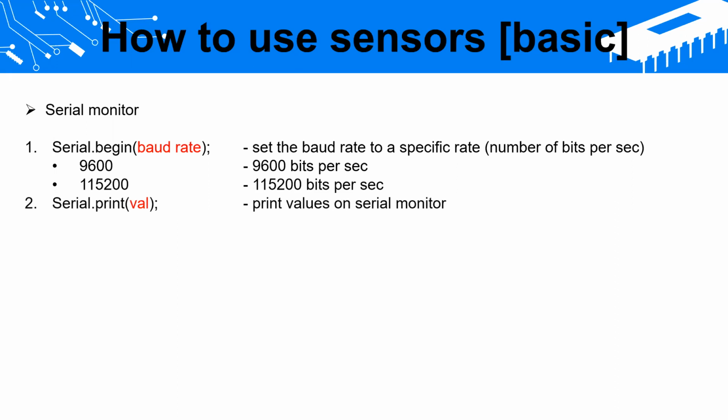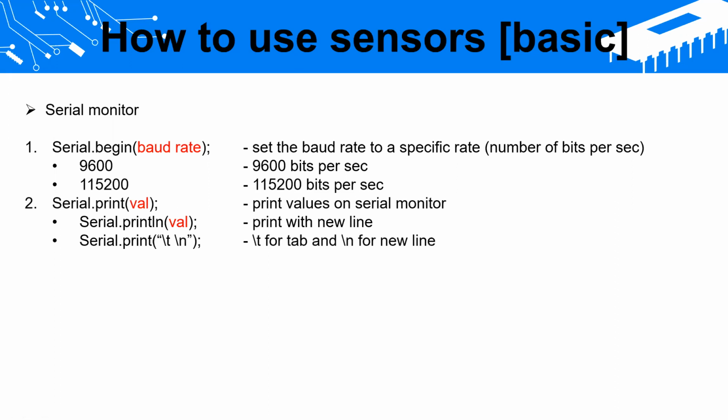If you need to print something, you can use Serial.print. If it's a value, you can put the variable; otherwise, you can put your message in inverted commas. Using println, you can print and give a new line.